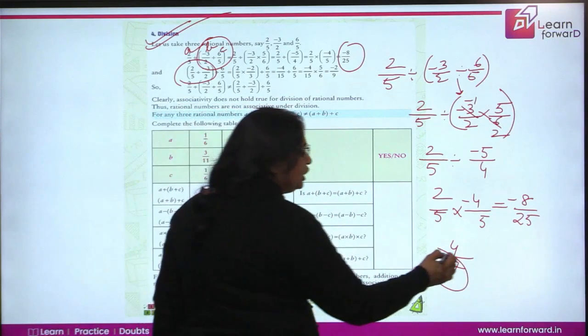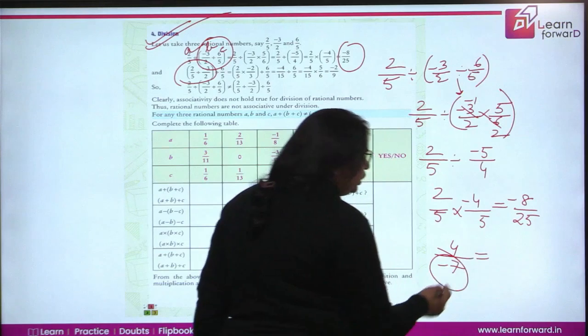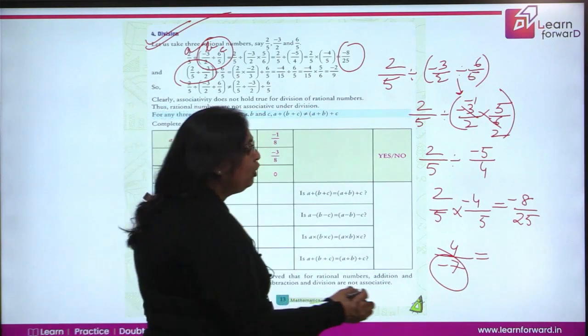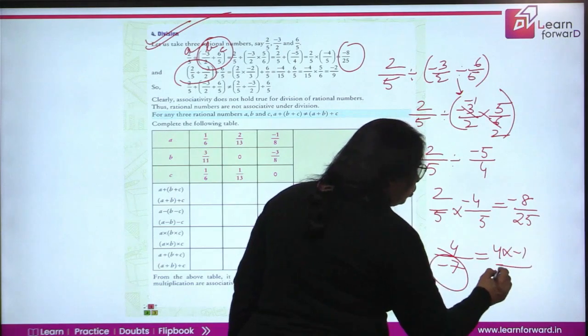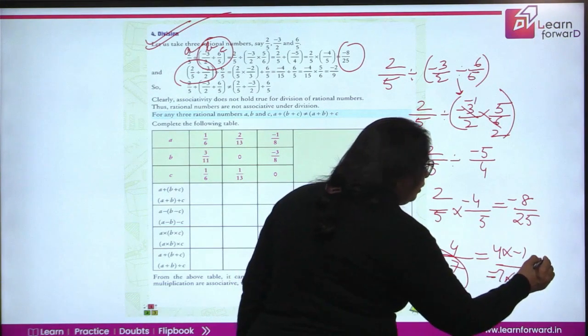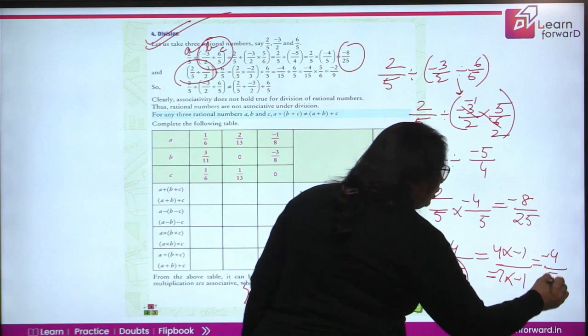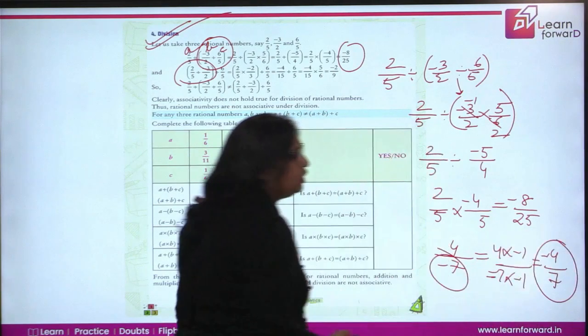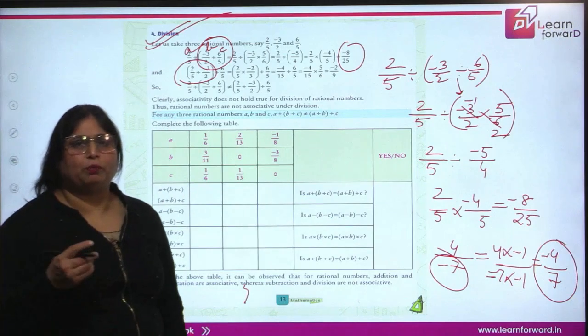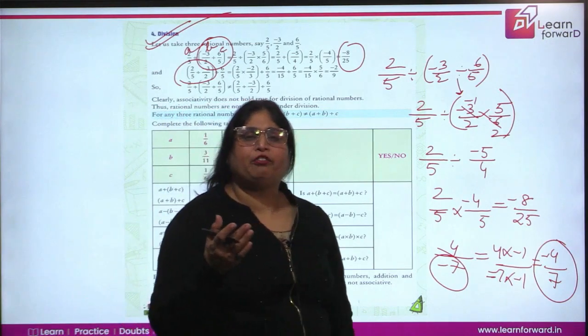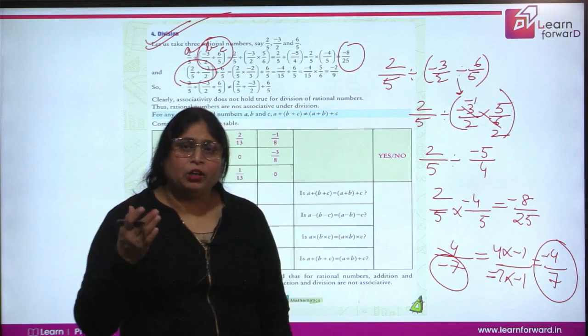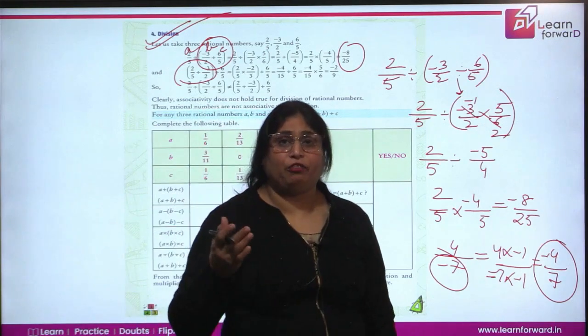For making a rational number to be in the standard form, we have to multiply both denominator and numerator by minus 1. So we will get the standard form of this rational number, that is minus 4 upon 7. For a standard form, the denominator should never be negative.